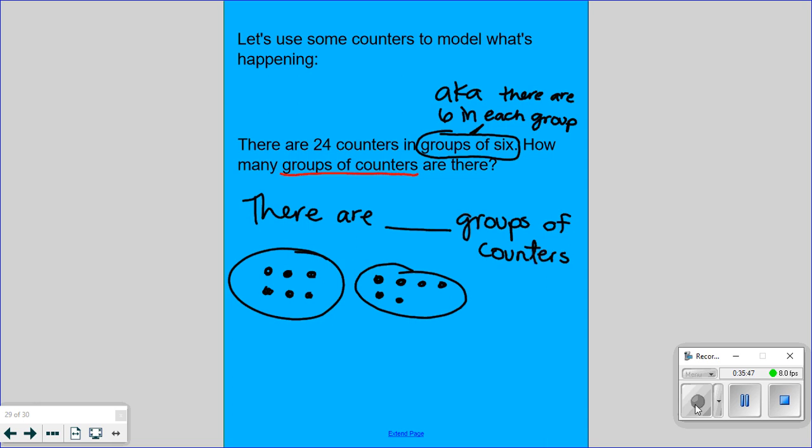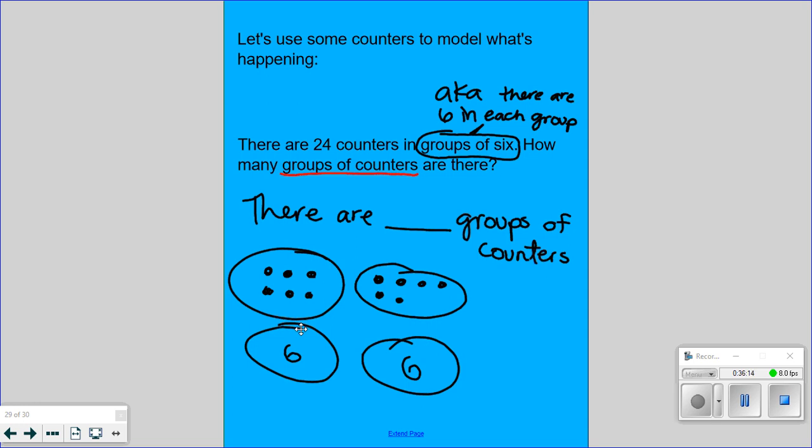How many piles or groups did you end up making? Kenzie? 4. Quickly put my 4 up there. 6 in that one. 6 in that one. What does my question want to know? Does it want to know how many piles I made? Or does it want to know how many in each pile?